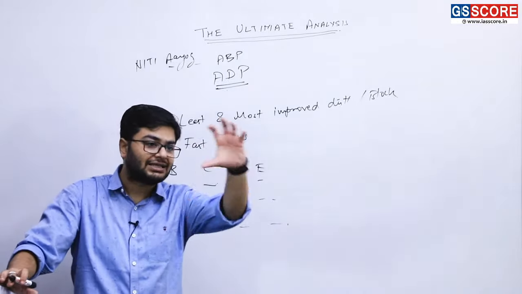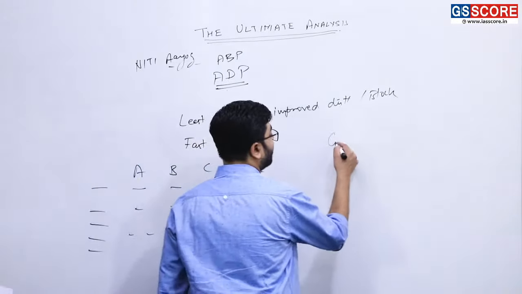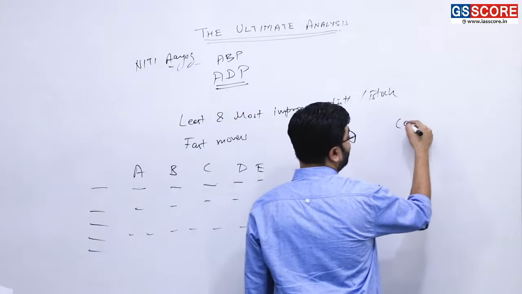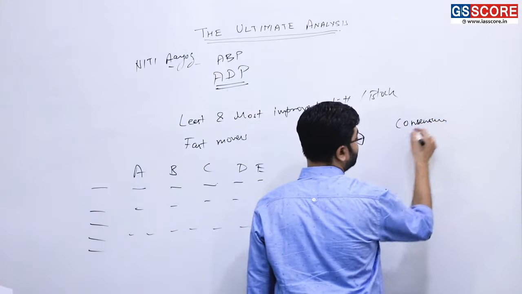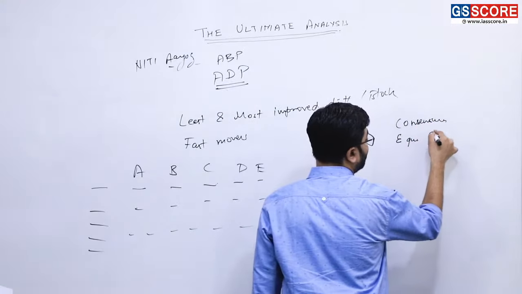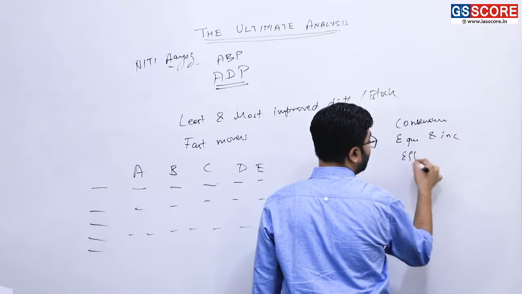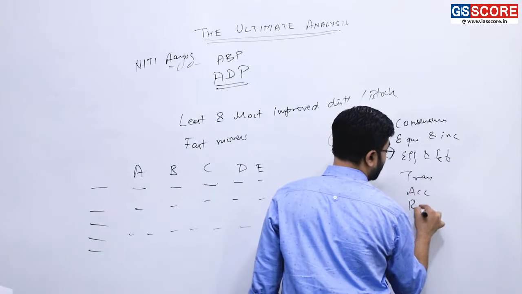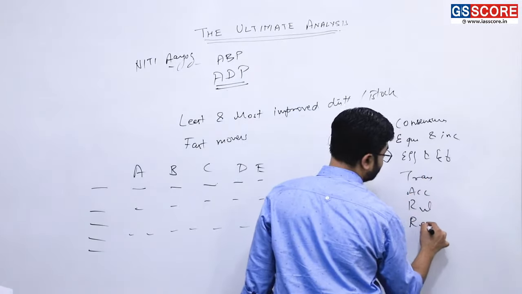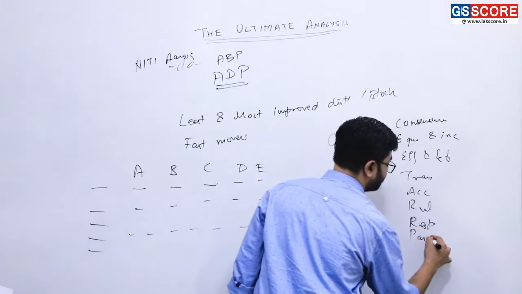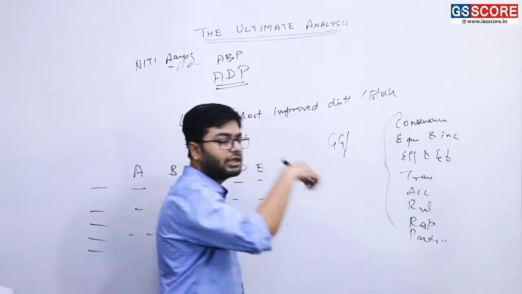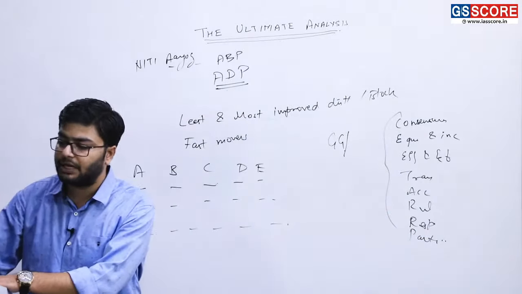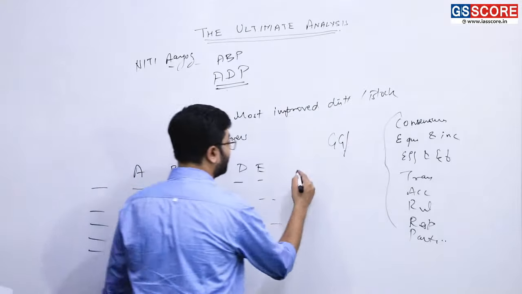So it has all the features of good governance in terms of, let us say, consensus orientation, equity and inclusiveness, efficiency and effectiveness, transparency, accountability, rule of law, responsiveness, participation, right? So there's a portal in the public domain. It is called Champions of Change.